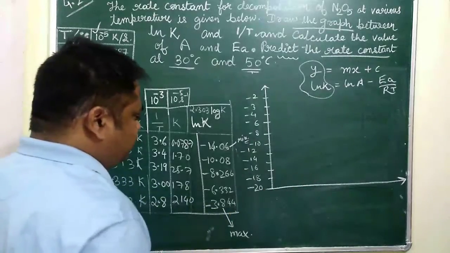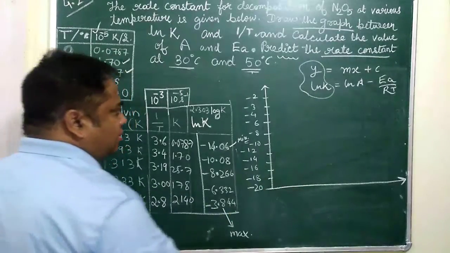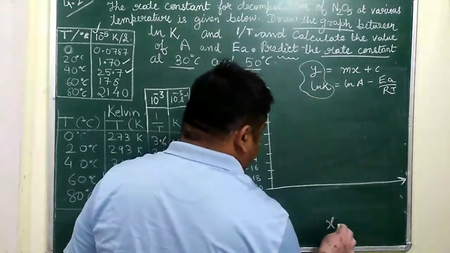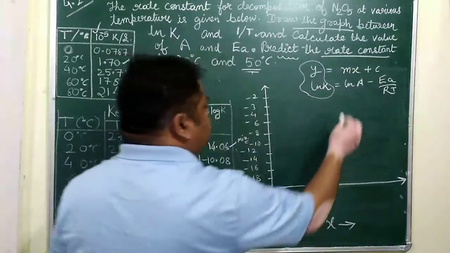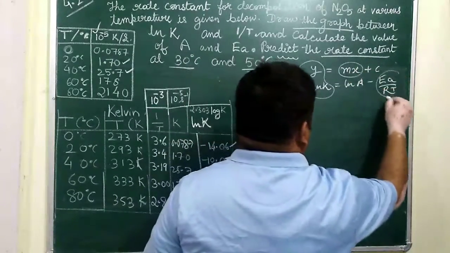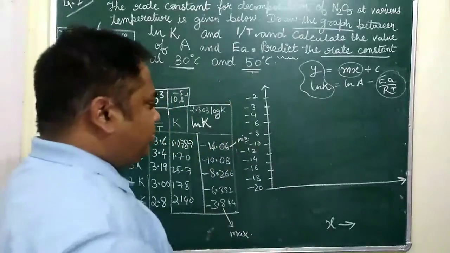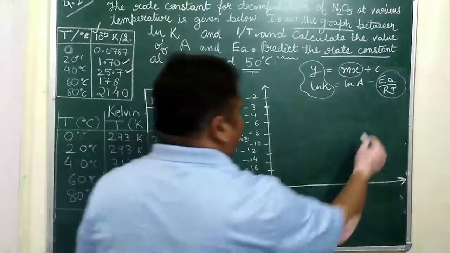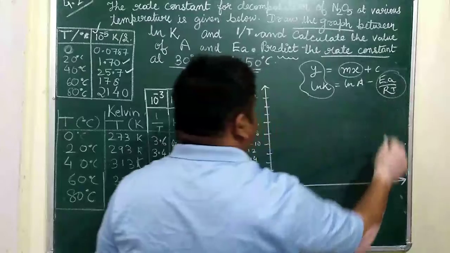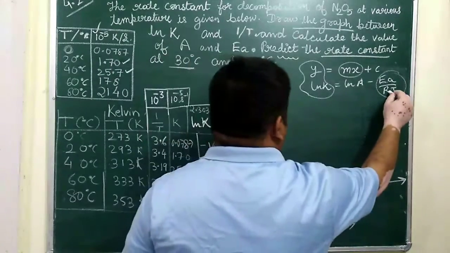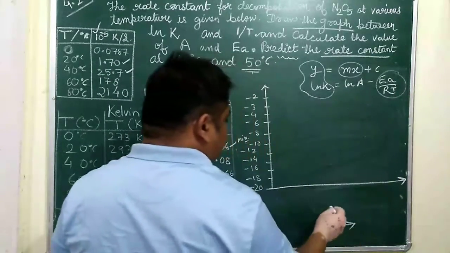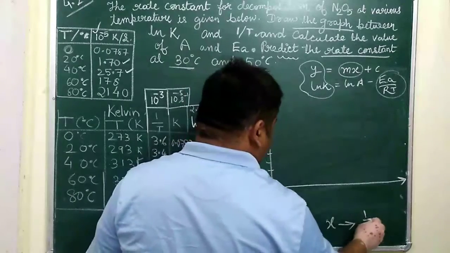This side we have to take x. Now if I compare this equation and this equation, Ea is activation energy, constant, R is constant, so 1 by T is x. We have been asked to take 1 by T as the coordinate.